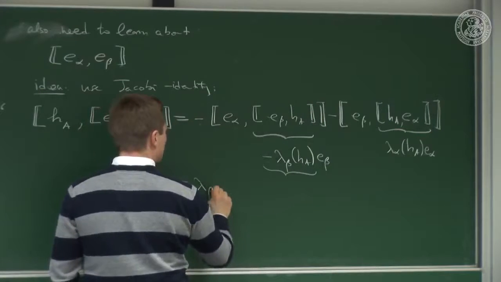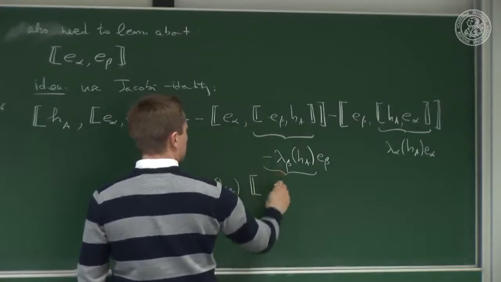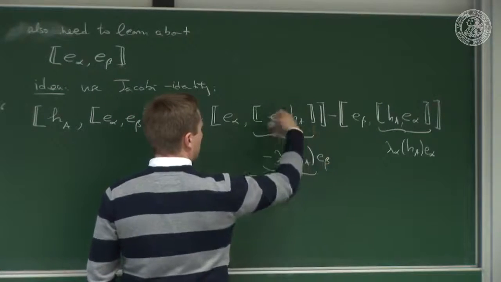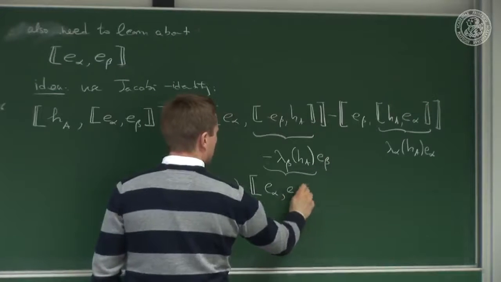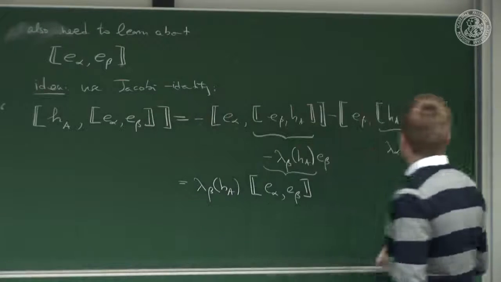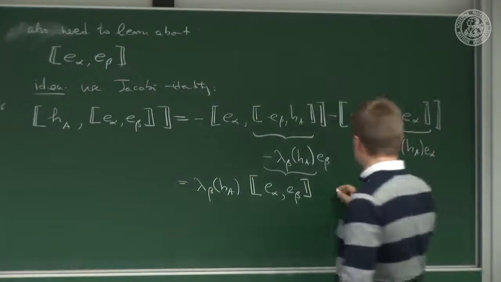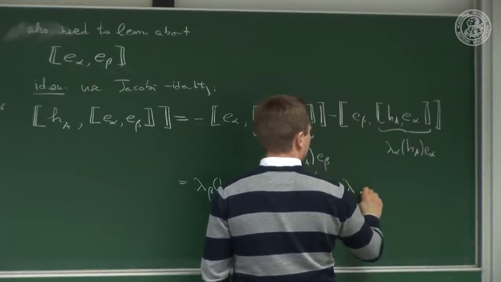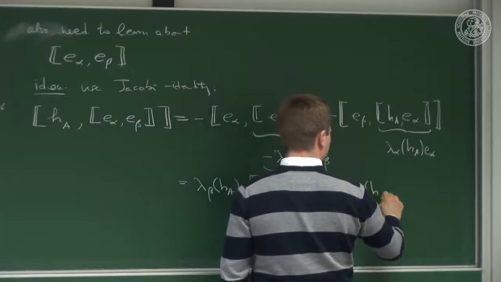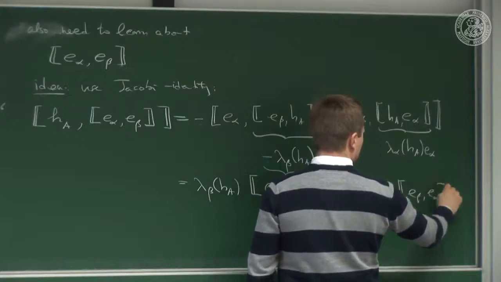This is plus lambda_beta of H_A times the commutator [E_alpha, E_beta]. And back here it's similar, but you get E_beta, E_alpha; well, let's write it down. It's minus lambda_alpha of H_A times [E_beta, E_alpha].